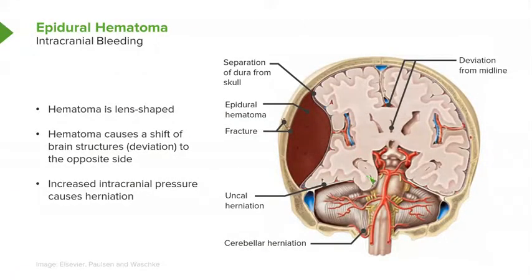Here we see herniation of the uncus in through here, through an opening in the tentorium cerebelli, and then down inferiorly here, where we have the medulla and the spinal cord transition occurring, you can see a herniation of the cerebellum through the foramen magnum. These are very, very serious herniations and can result in the death of a patient.